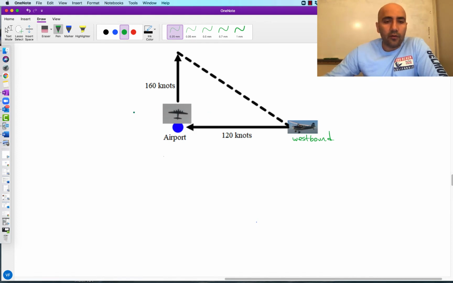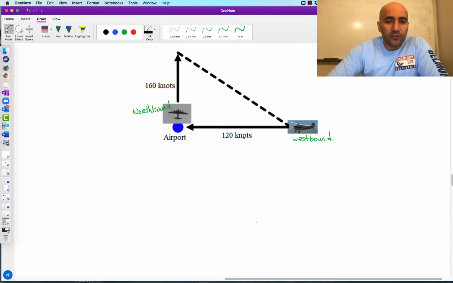So this is the northbound airplane going that way. And then these are the rates of change, right? This is a measurement of velocity for the airplane. 120 nautical miles per hour, knots, is the speed heading in this direction, westbound.